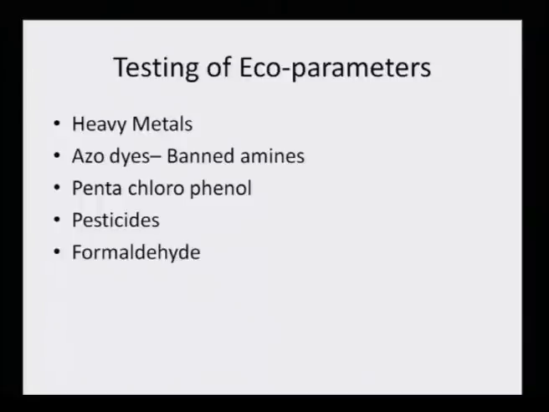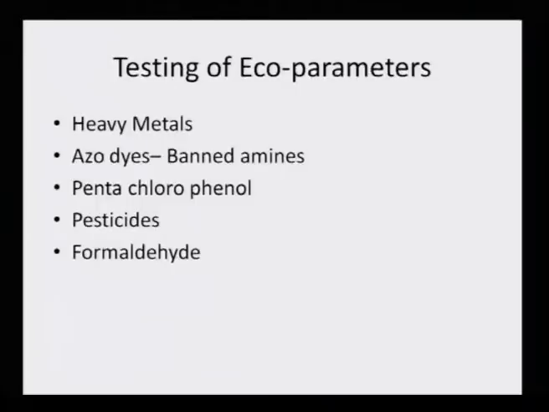Testing of eco parameters. When we say that any commodity has to be exported, the eco parameters should be tested, and the eco parameters that are tested are heavy metals, azo dyes, that is the banned amines, pentachlorophenol, pesticide remnants and formaldehyde residues.